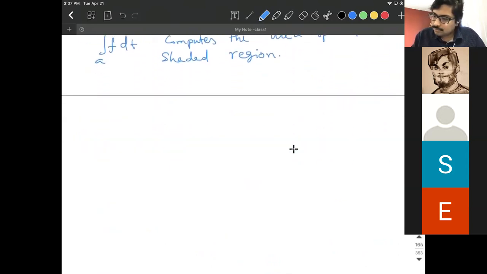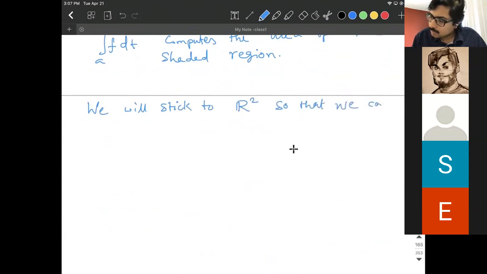So we will stick to R2, but keep in mind that the same idea holds for Rn, for n greater than or equal to 2.